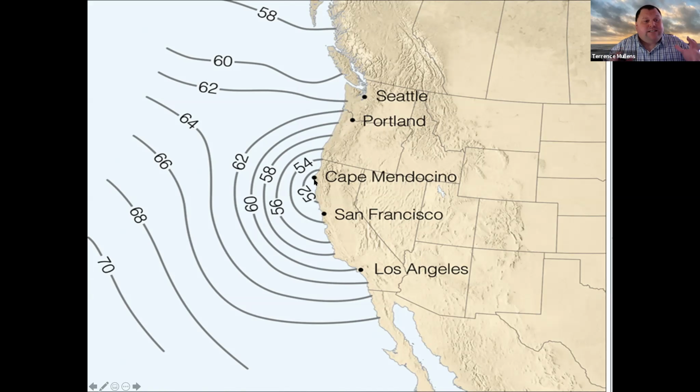Well, the consequence of this is that you have cold water right near the coastline, warmer water further offshore. Warmer water leads to warmer air. So you end up getting a nice big patch of warm air, which then blows on shore.